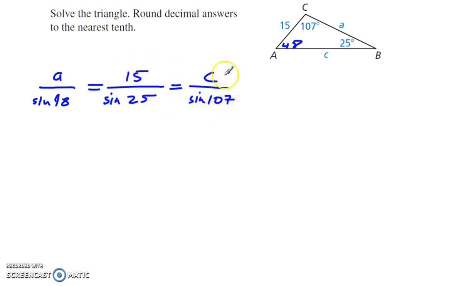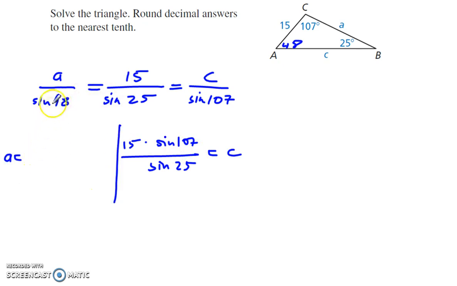Okay, so here if I want to solve for C, I'm going to cross multiply and bring this up here, so then I'll have 15 times sine 107 over sine 25 equals C. On this side, if I want to find A, I'll have A is equal to, and then cross multiply, this was a 15, so 15 times sine 48 over sine 25.